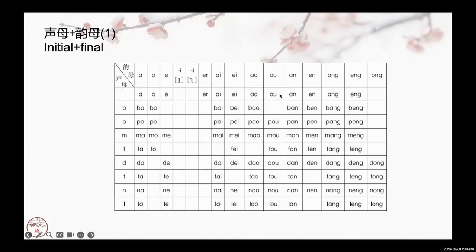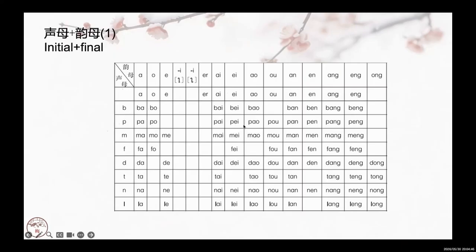We can see most of the finals are vowels, right? So the consonants plus the vowel makes a syllable or a pinyin. You can see every combination here. Each of them is a syllable, is a pinyin. It has corresponding Chinese characters.